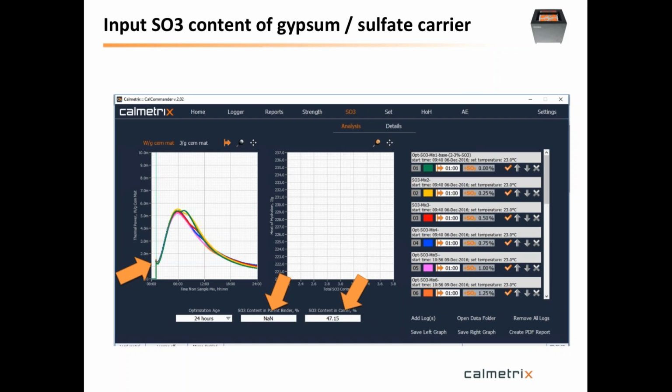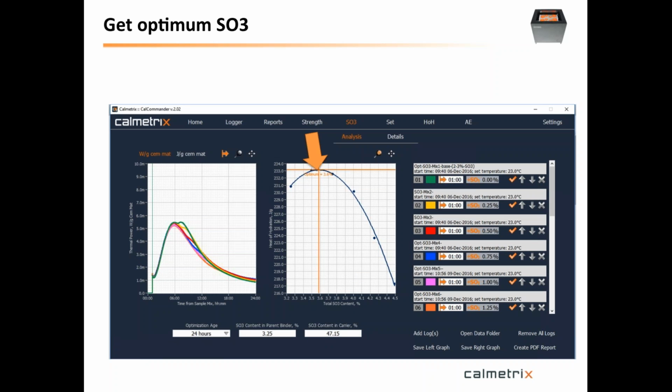And in this case, it was roughly 47% SO3. When you feed in this information, then the software immediately gives you what the optimum should be. So the software calculates it, fits it to this inverted parabola, and in this case, the optimum turned out to be 3.6%. So the original cement had 3.25, and this optimum here shows 3.6%.